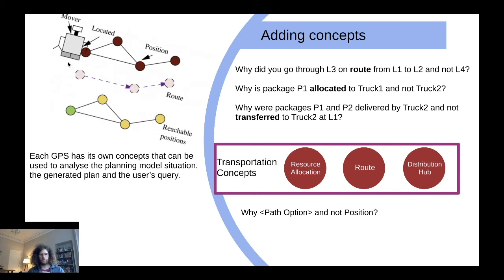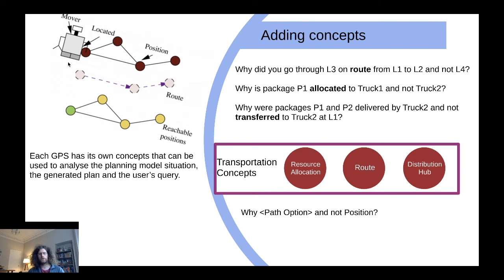So you have your domain level concepts, for move, for example, and on top of that, in a traverser domain, you might want to define things like the positions, the movers, where they're currently located, and some additional concepts like route and reachable locations.